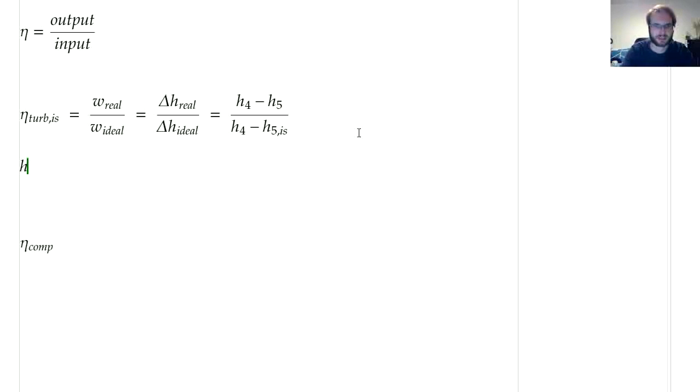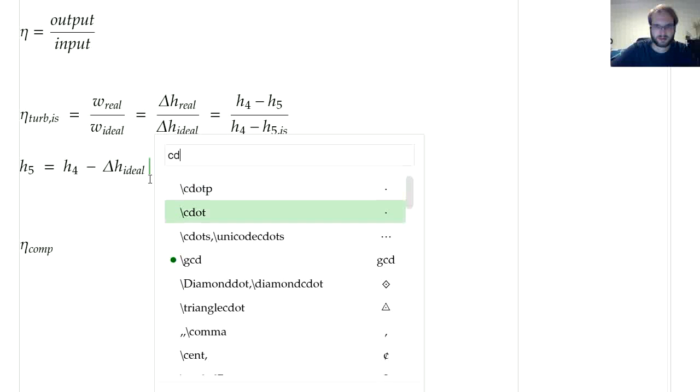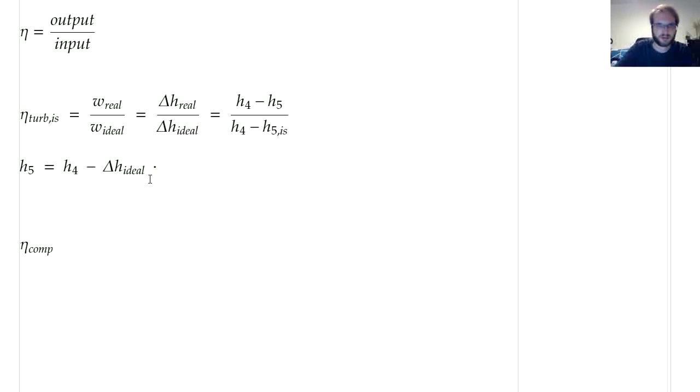So from that we can get the H5 equals H4, the inlet of the turbine, minus the ideal difference of the enthalpies multiplied by isentropic efficiency of the turbine.